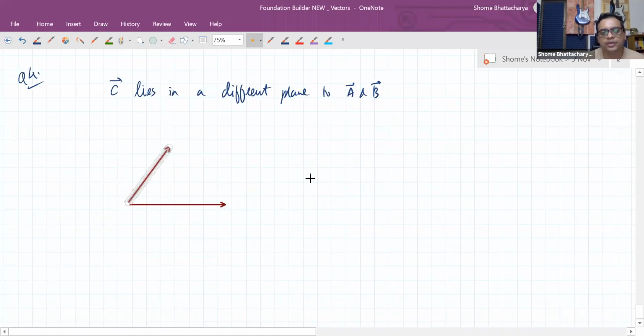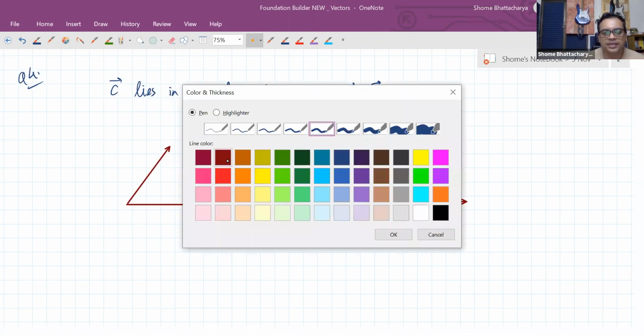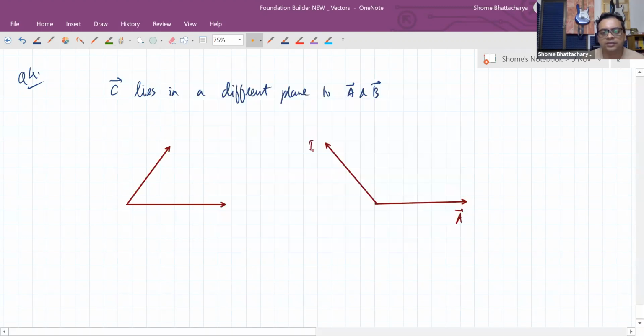It will either be an acute angle or an obtuse angle. Whichever of the two is the case, you can see what the plane of A and B is. The plane of A and B is nothing but the plane of the parallelogram or the triangle made by them, whether the angle is acute or obtuse.